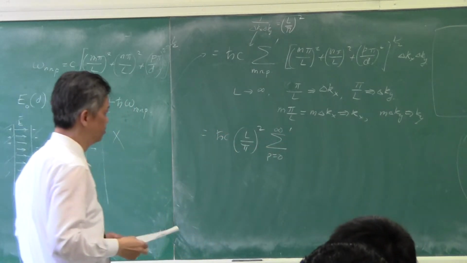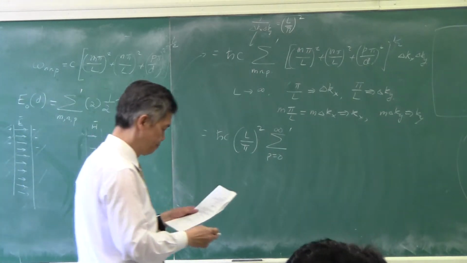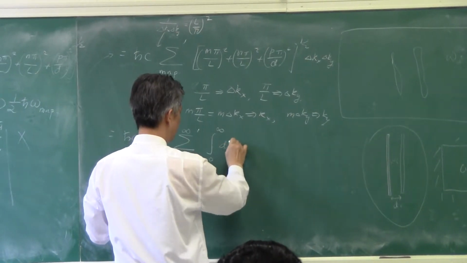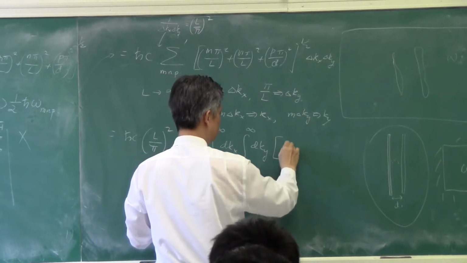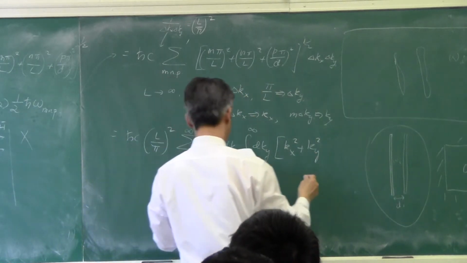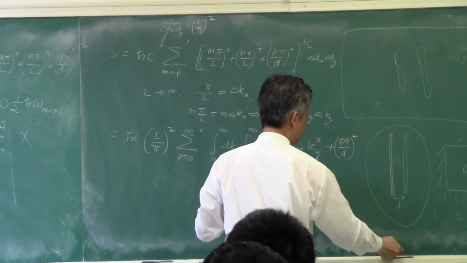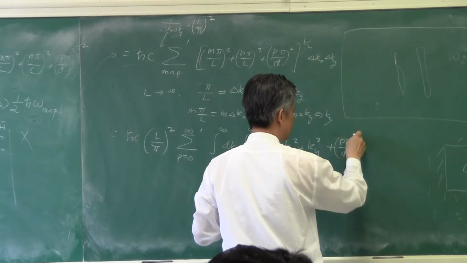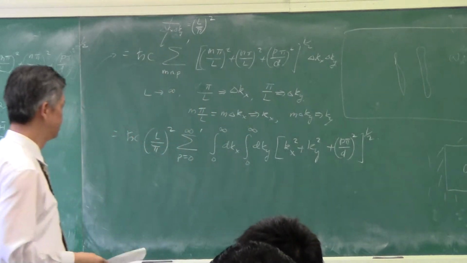Except that I should multiply half of the first mode, and then the rest becomes integration: 0 to infinity dkx, 0 to infinity dky, kx squared plus ky squared. This one becomes kx, ky squared plus d pi over d squared. Okay, so this is equal to that.